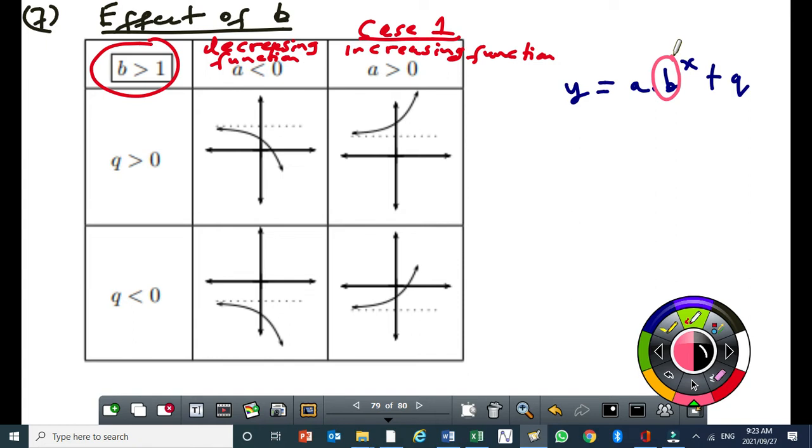But when it's more than 1, then you are going to have one of these 4, depending on the signs of A and Q. Okay, don't worry, in a few minutes' time we'll sketch some exponential graphs.